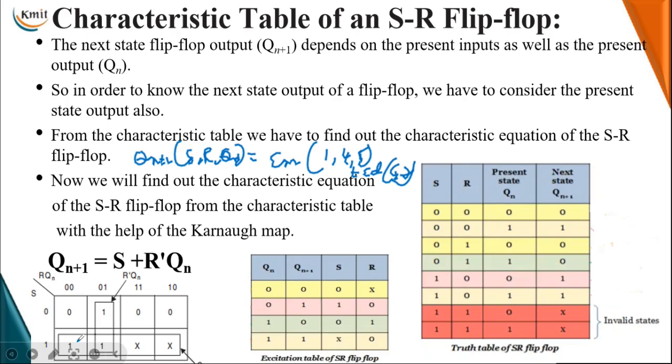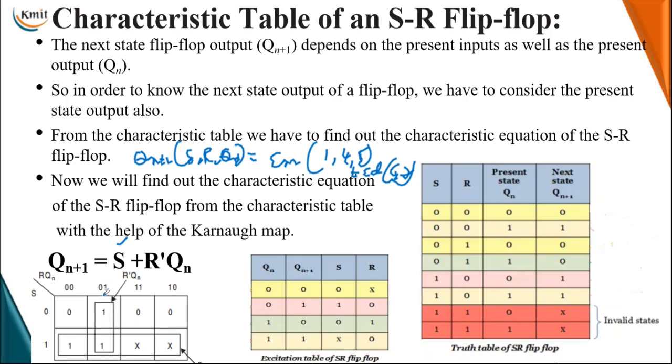Now upon mapping the function using the three variables S, R, Qn as input variables, and grouping the minterms, we can form one 4-square adjacency and another 2-square adjacency. The 4-square adjacency gives the common variable, which is S: row-wise the S variable is 1, hence it is S. For the pair formation, S is different, only column-wise R and Qn are common and the same for these two minterms.